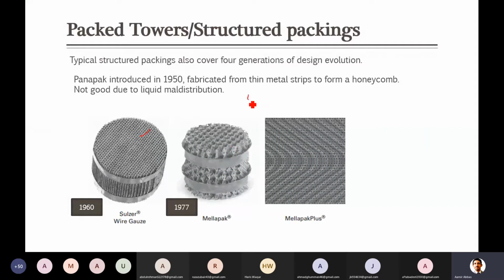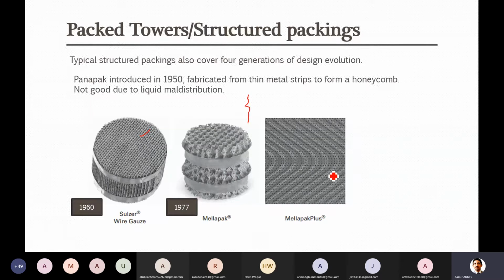Corrugated means curve-shaped, like a V. These were joined together and put together, and some structure was formed. Compared to wire, they perform well, and you can see there are holes inside these structures, so liquid can distribute. Suppose liquid is passing through this channel, it can move towards the other, as can the vapor, which overall provided better distribution of the liquid and vapor.